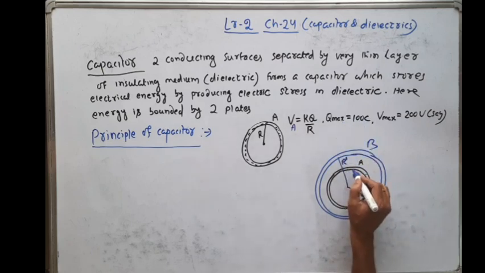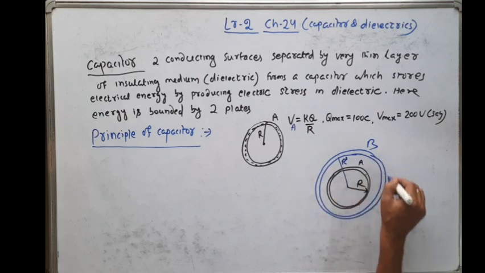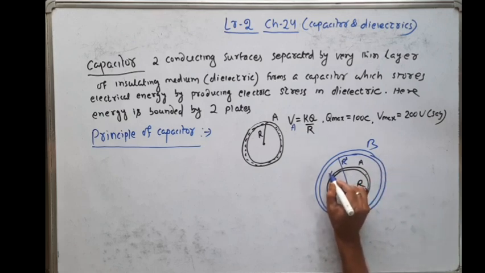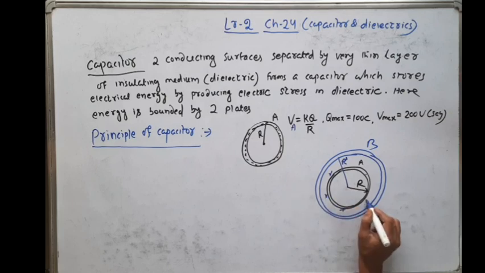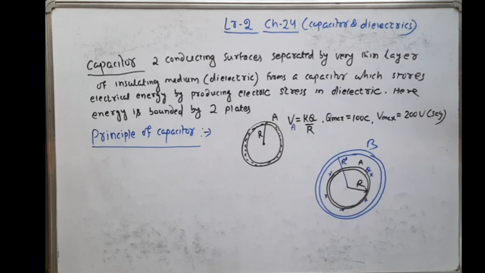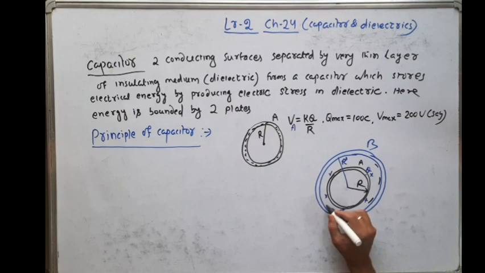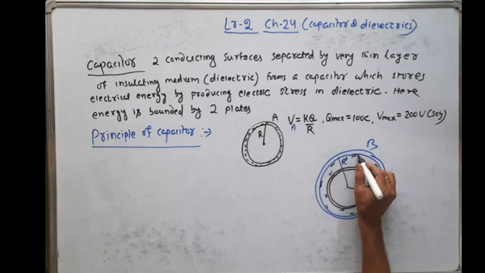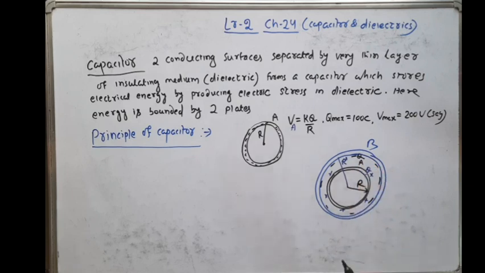Now we will find the potential of A due to this sphere as well as this sphere. If the charge on sphere A is Q, then a negative charge will be induced on the inner surface of the outer sphere. So that inner charge is minus Q. Since conductor B is electrically neutral, the total charge of B is 0.